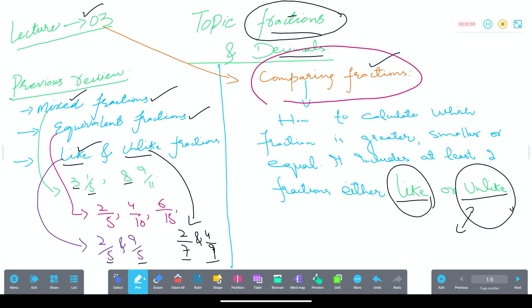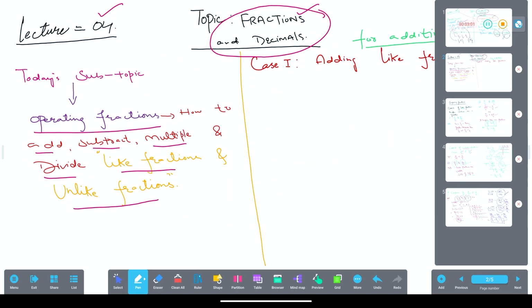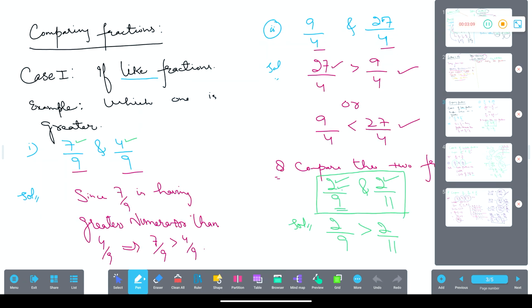Then in the same topic we moved forward and took examples. Case first was like fractions: how to compare between like fractions. We check the numerators of the two fractions. The fraction whose numerator is greater is considered greater. The second example we also took there.